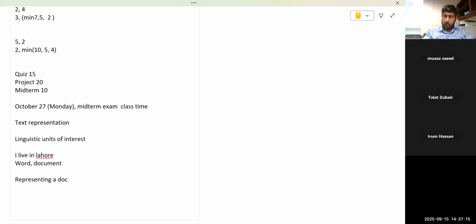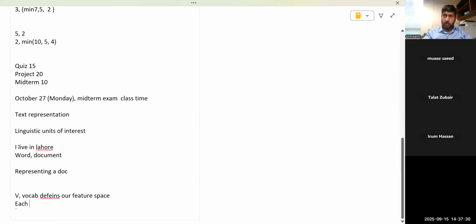So we already know about the vocabulary. Okay. So vocab defines our feature space, and each document is represented in this feature space. Okay.